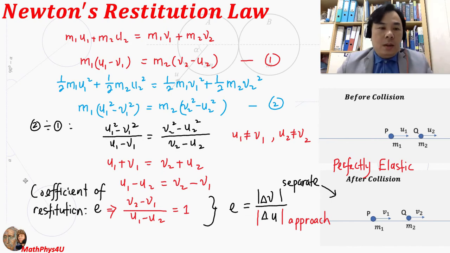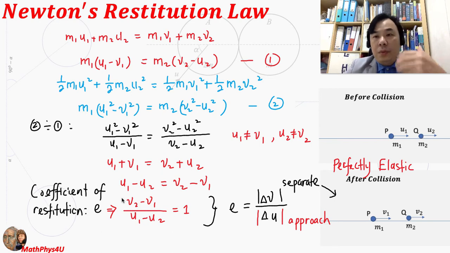But a word of precaution here: if you like this formula, you can always take it as a relative velocity of separation divided by relative velocity of approach.